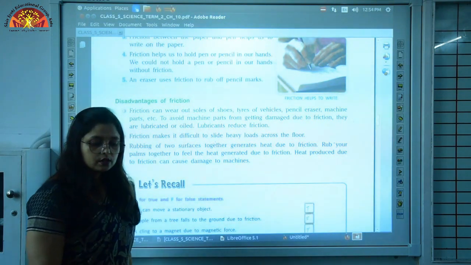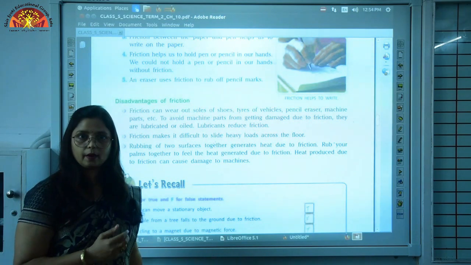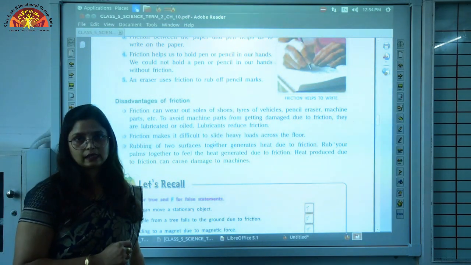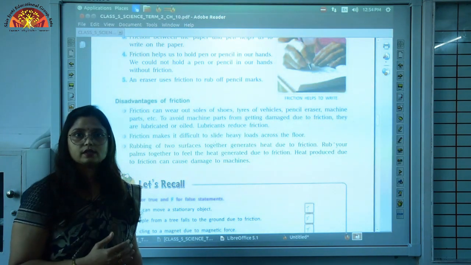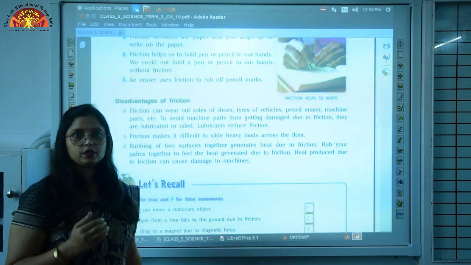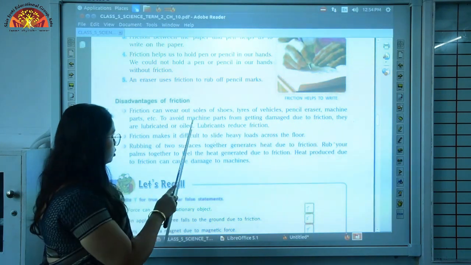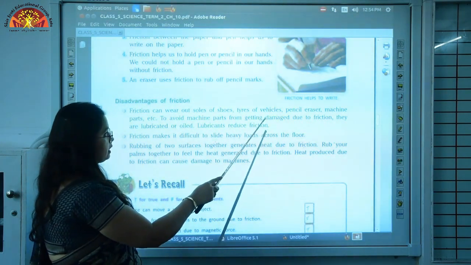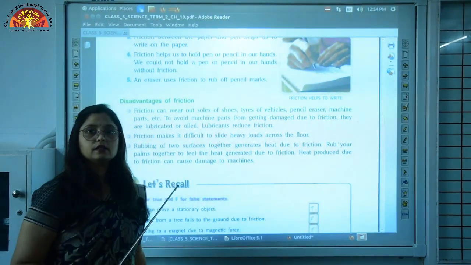Now, just now we have said that friction makes the movement easy on any type of floor which is not slippery, but some disadvantages are also there. They cause wear and tear of the things which we move on the frictional surfaces, like soles of the shoes, tires of the vehicles, pencil, eraser, all these go through wear and tear.